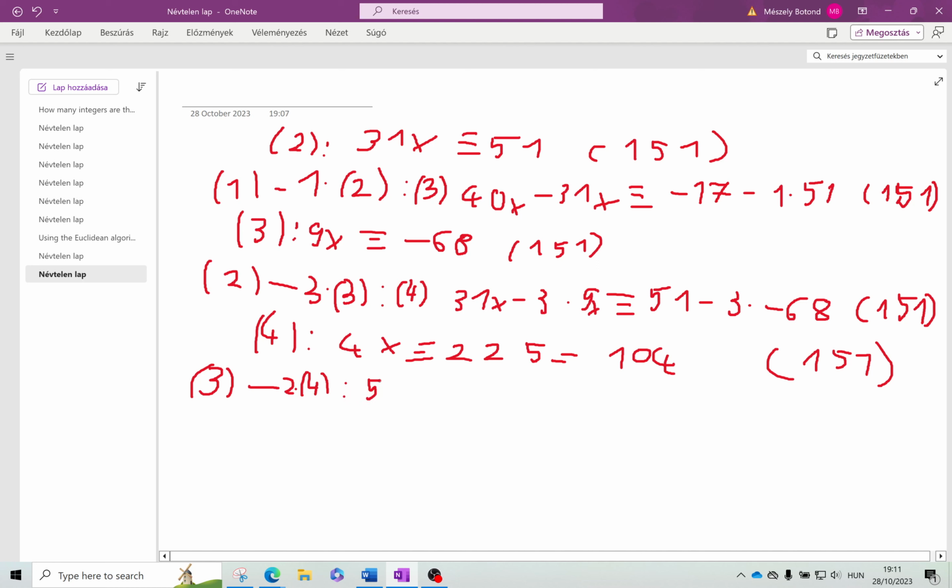It will be the fifth, 9x minus 2 times 4x congruent minus 68 minus 2 times 104 modulo 151.